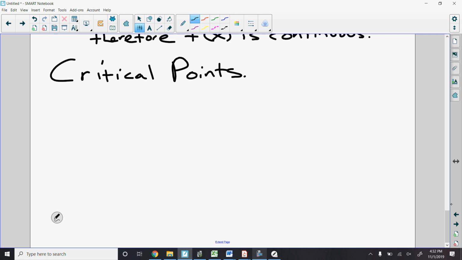Critical points are very, very important, and we're going to use them a lot in this next unit. So here's what a critical point is. f has a critical point when f prime of x equals 0 or f prime of x is undefined.